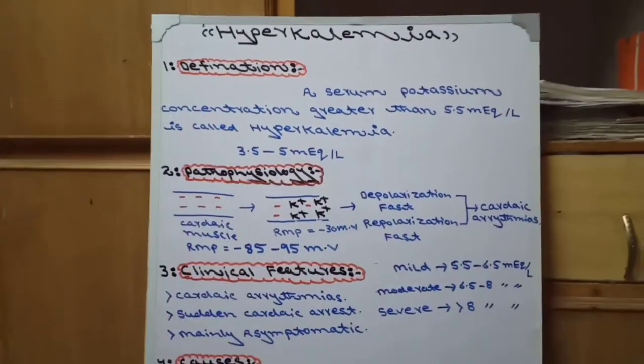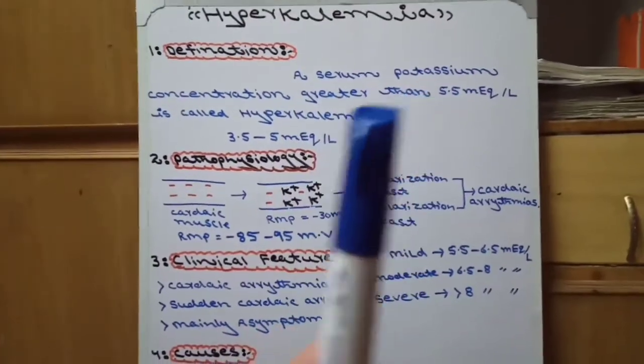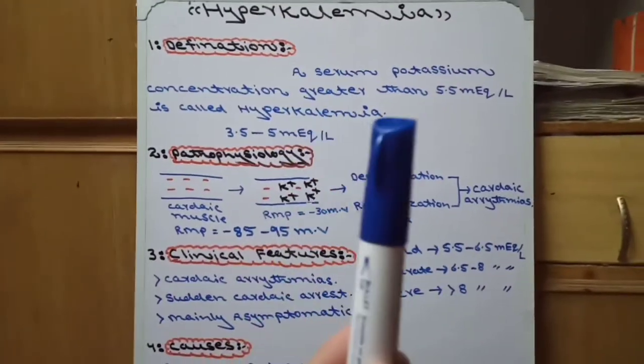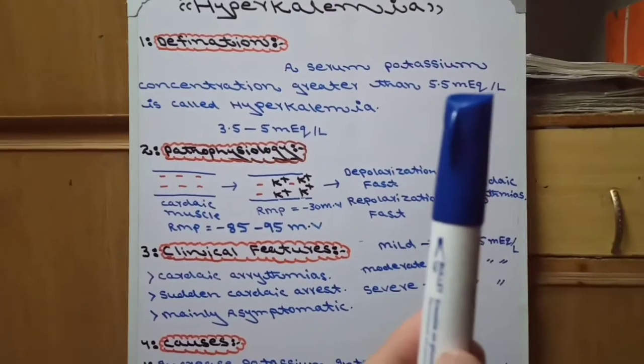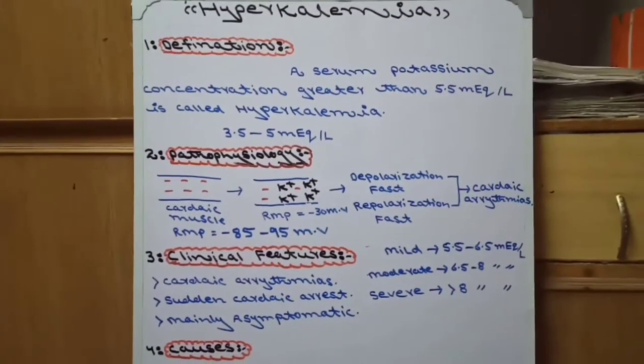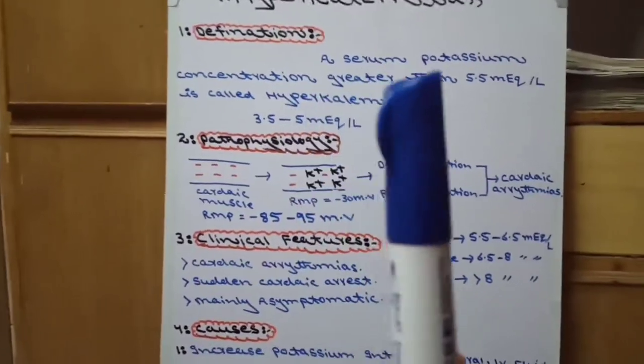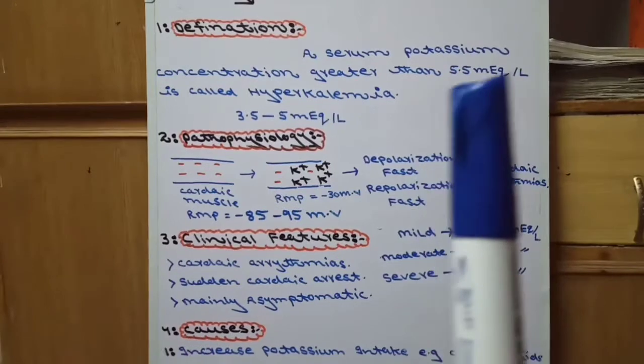What is hyperkalemia? How do we define hyperkalemia? A serum potassium concentration greater than 5.5 milliequivalent per liter is called hyperkalemia.